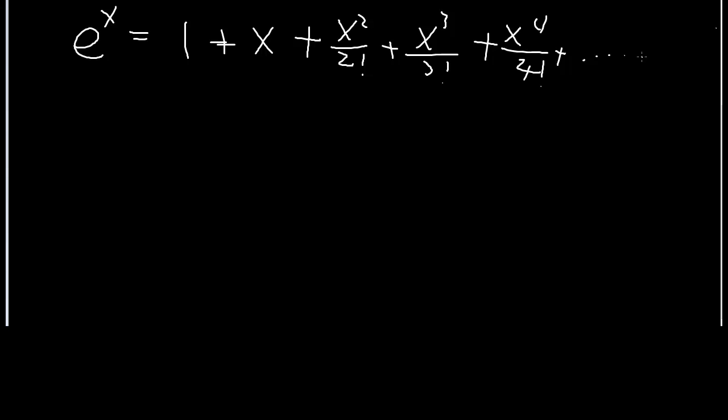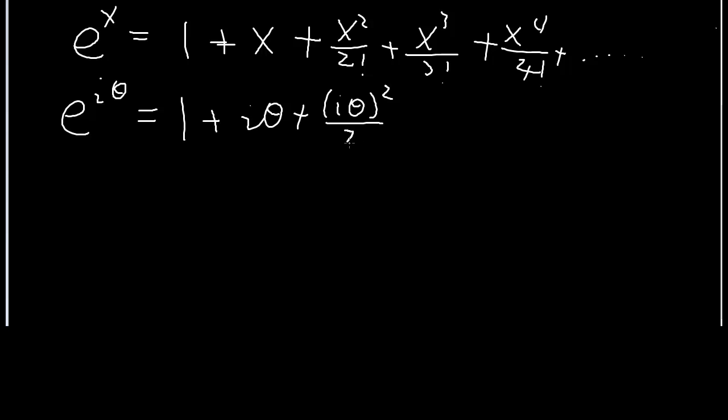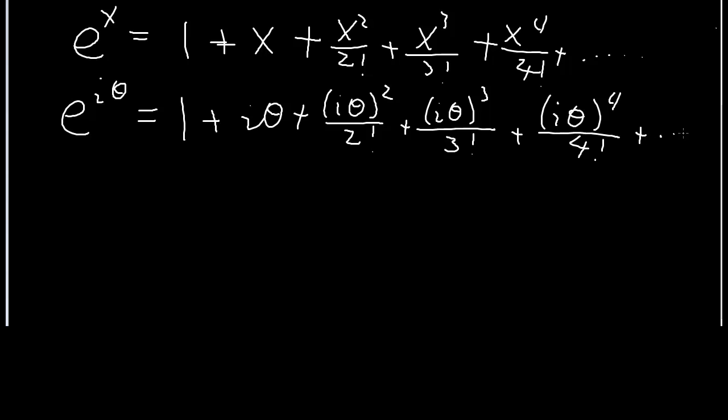So if we just stick in the imaginary power, then we no longer have power to deal with. We have real and imaginary numbers down underneath, which we're adding and subtracting. Plus i theta to the 4th over 4 factorial, plus so on and so forth.